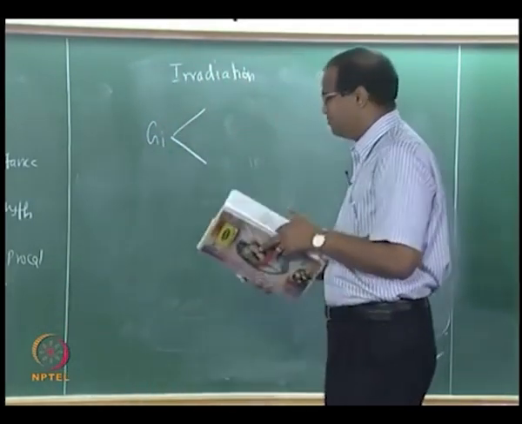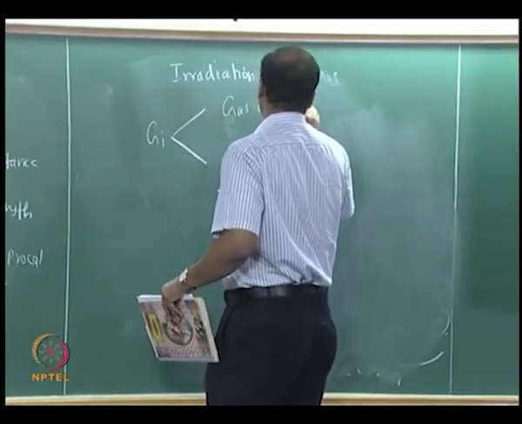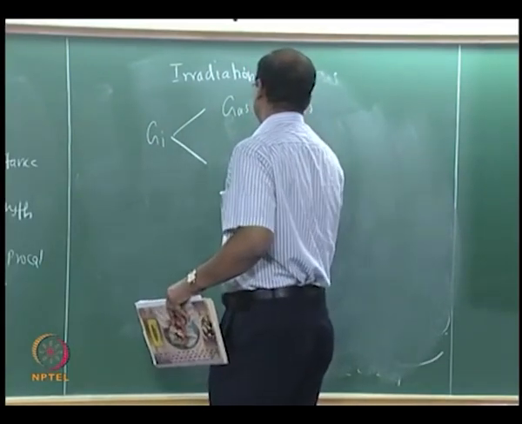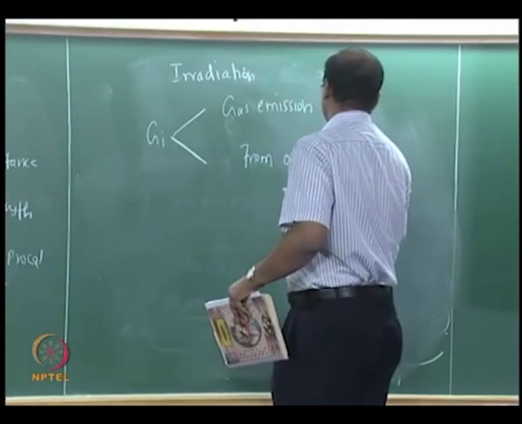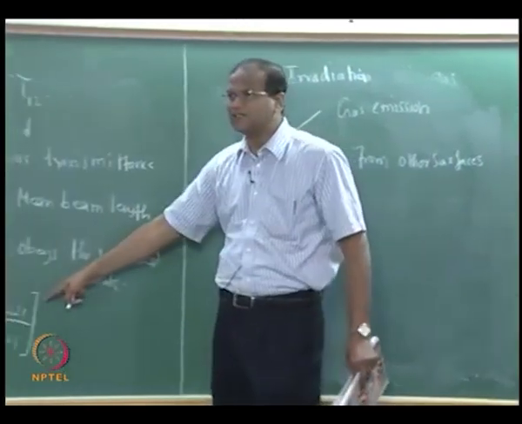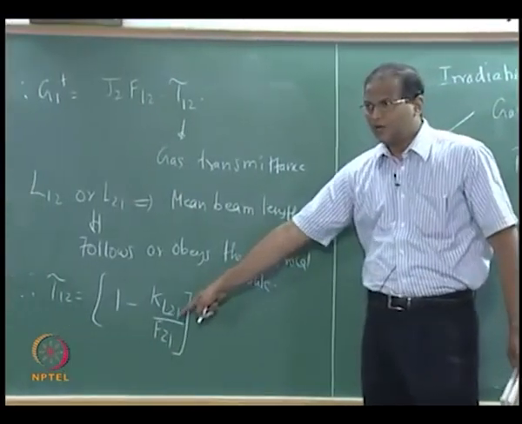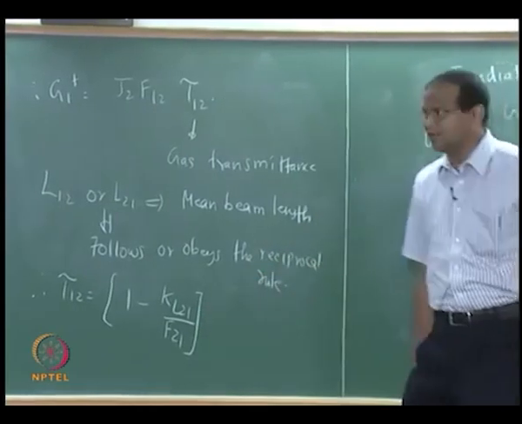This is irradiation from other surfaces. We have a way of handling this, okay. You can do it for every tau ij depending on how many surfaces are there in the enclosure.